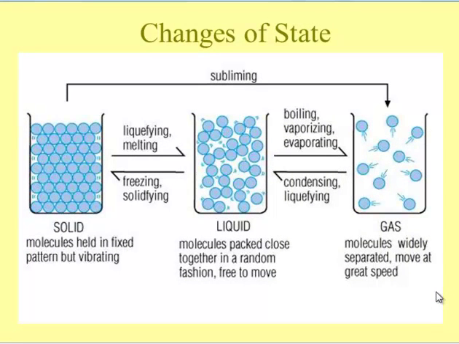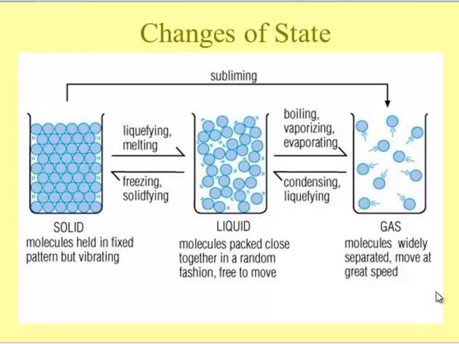It's important to recognize the correct names for these changes of state. A change of state which you'll probably come across most rarely is that of sublimation. Subliming is when matter changes directly from solid to gas.